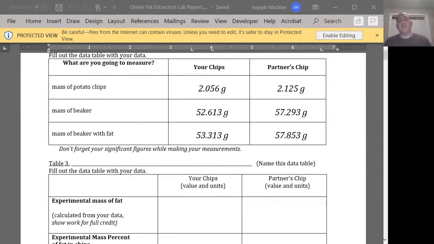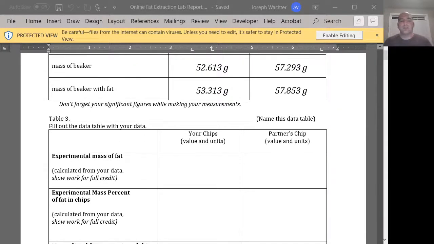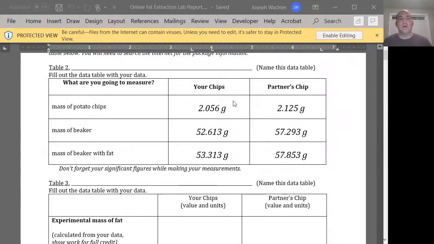And for more information on what's exactly supposed to go here, go back to the instructions, and it should walk you through it. Of course, if you still have questions, let me know. But these are all the numbers that you would have gotten were you to actually do the experiment. So by just being given those numbers, you should have everything you need to complete that.